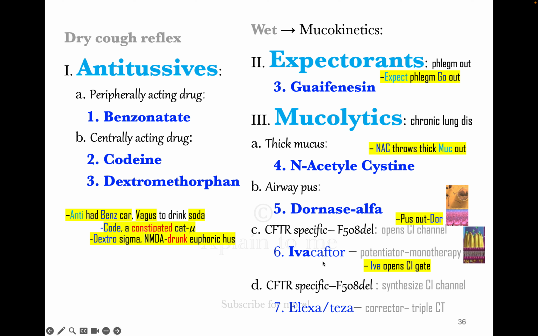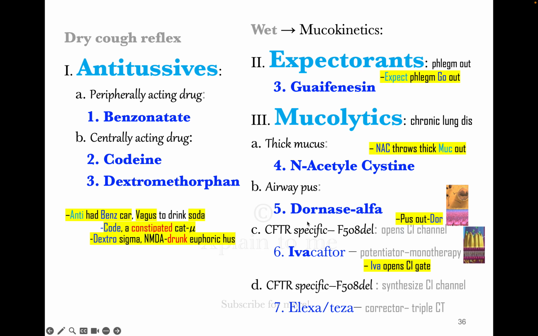That is the reason Ivacaftor with these two drugs, the three drugs together, is called triple combination therapy. The triple combination therapy addresses both functions for the chloride channel, functional production and the opening of the chloride channel. This is very effective for 90% of patients with this specific mutation.